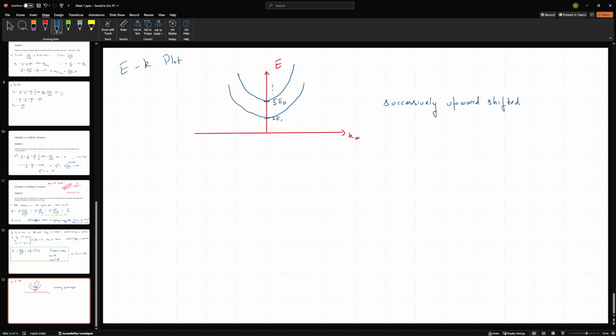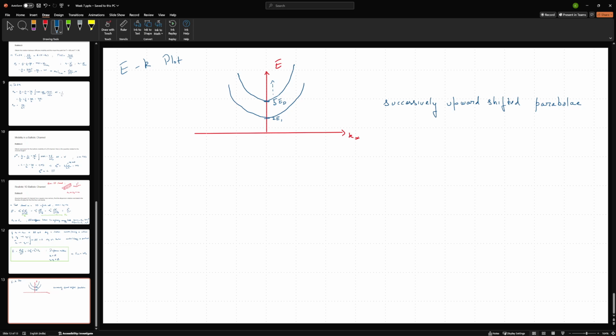So essentially what this has done is upward shifted parabolae, plural for parabola. Okay, so what does this mean?